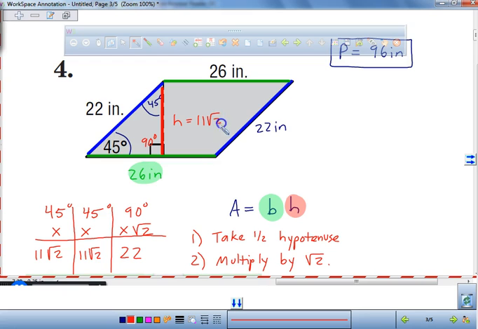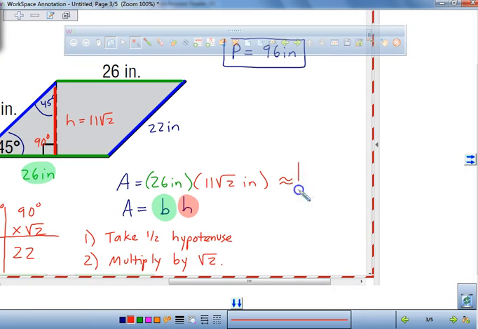So 11 radical 2. So the area of this particular parallelogram is equal to 26 inches multiplied by 11 radical 2 inches. That will give you your approximate value that you need in inches squared.